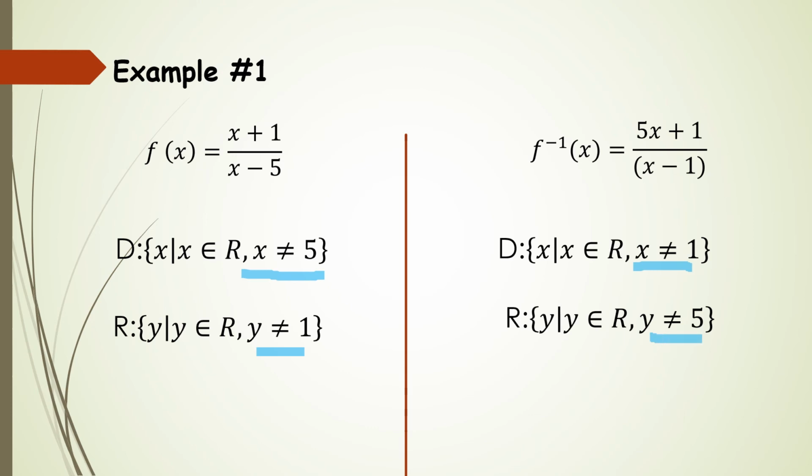At kung mapapansin, ang restrictions nila ay magkabaliktad. Ang restriction sa domain ng ating function ay equal sa restriction ng range ng ating inverse, while yung restriction naman sa range ng ating function ay equal sa restriction ng domain ng ating inverse. So, magkabaliktad lamang ang kanilang domain at range.